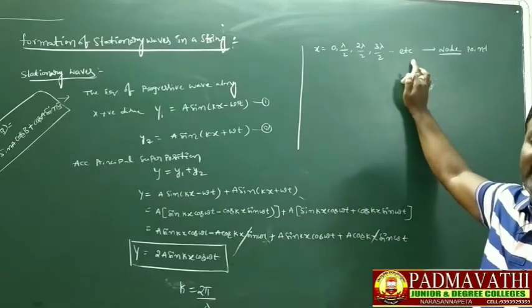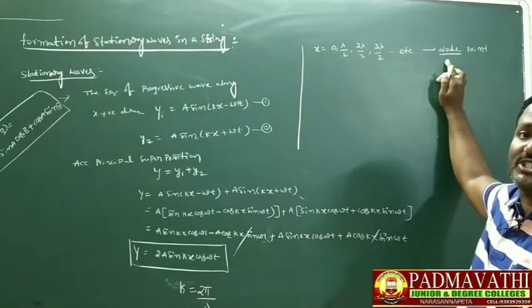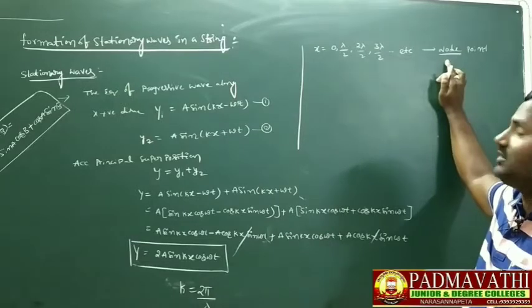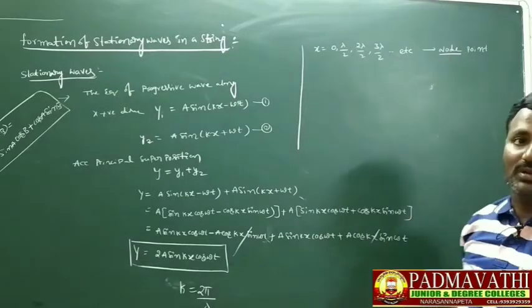The position of the particle where the amplitude is minimum is said to be a node.